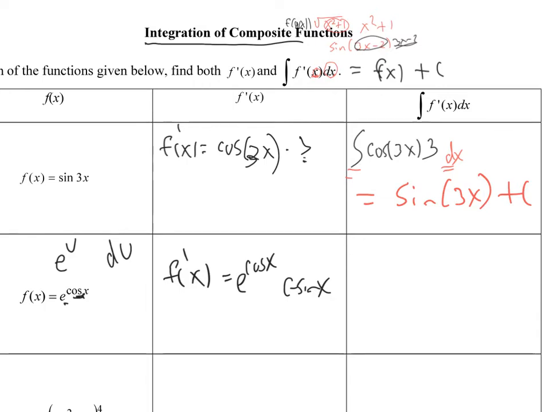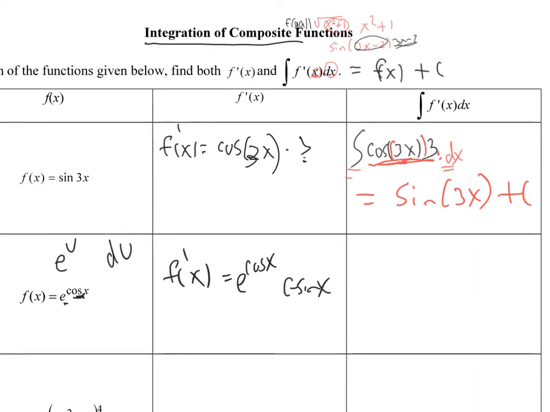So take a look and say, well, why did I not factor out the 3 like I've done in the past? It's because we had a composite function.